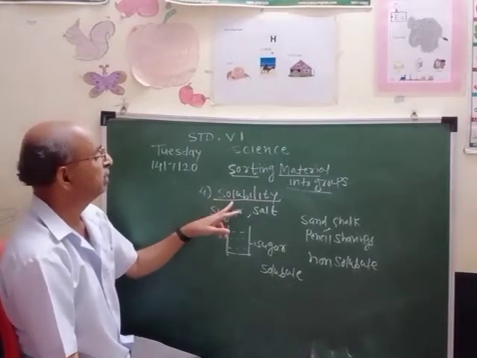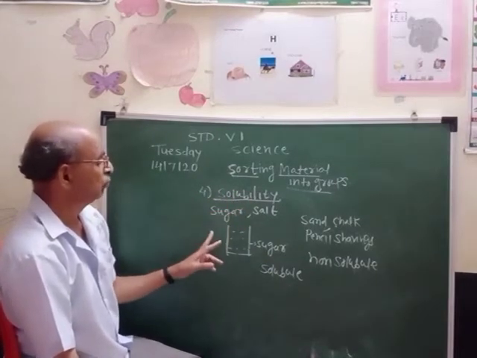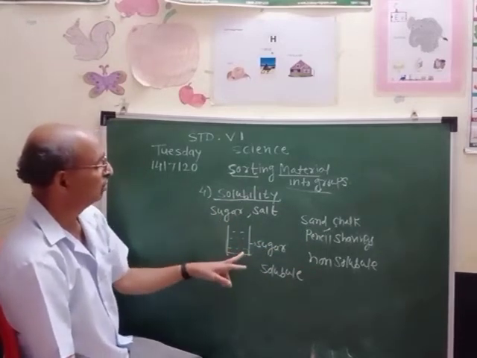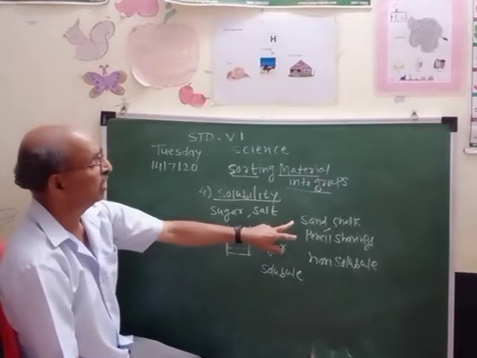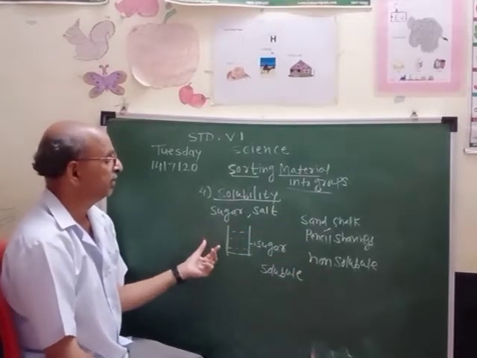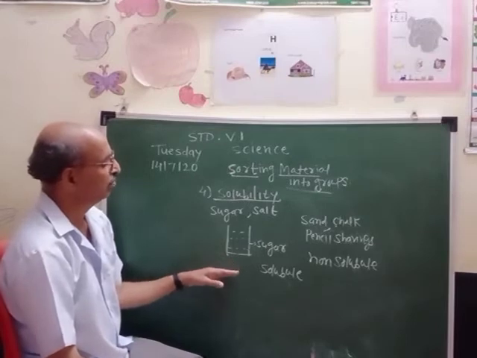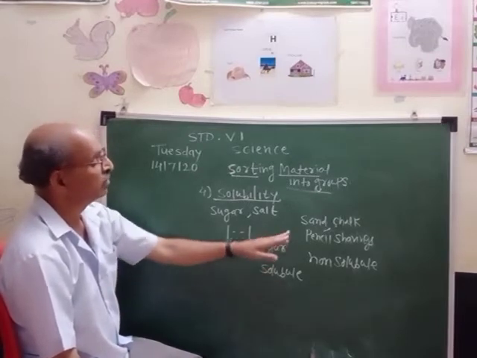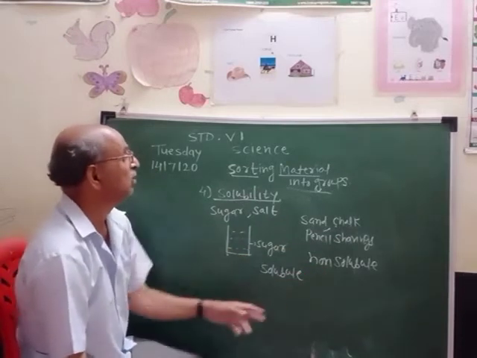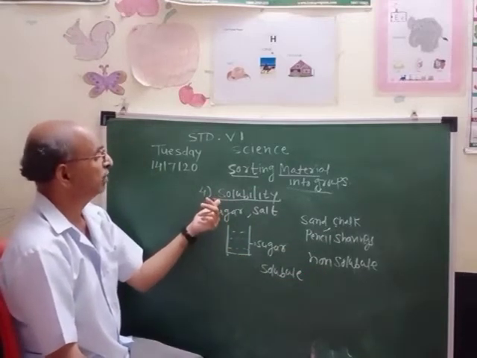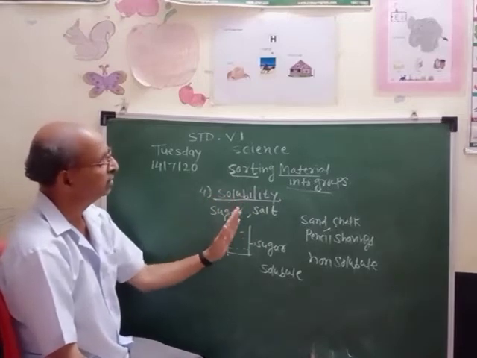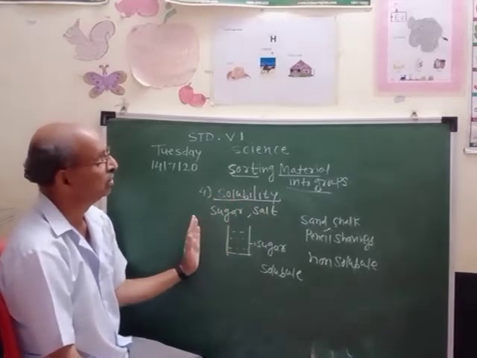So solubility gives us two types of material. One is soluble and the other is non-soluble. So sugar and salt are soluble materials, while sand, chalk and pencil shaving are non-soluble. The material which dissolves in the water completely is called soluble, and which cannot dissolve in the water is called non-soluble. So one more property we have studied, solubility, means whether the given substance is soluble or not.